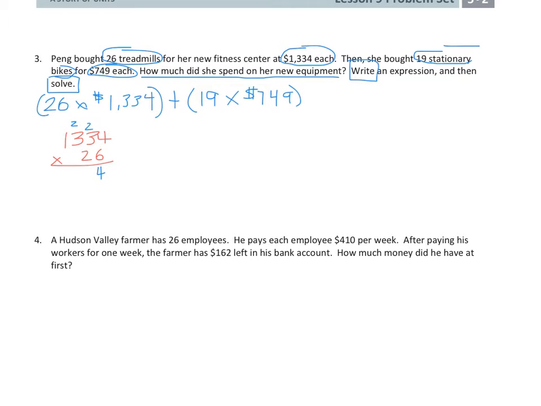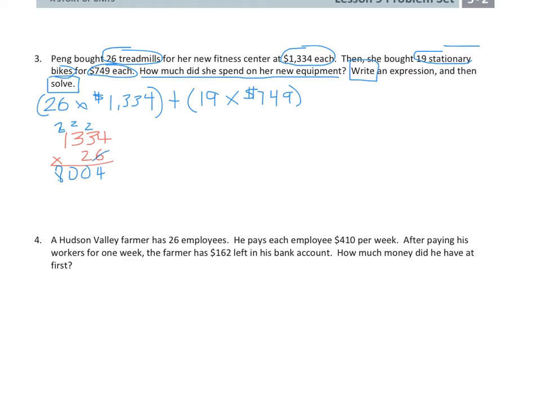So carry the 2, bring down the 0. Now we're going to do 6 times 3 again. That's 18, plus 2 more would be 20. So you're going to write your 2, and then bring down your 0 in the hundreds. 6 times 1,000, that would be 6, plus 2 more would be 8. So we have 8,400 in the first partial product.